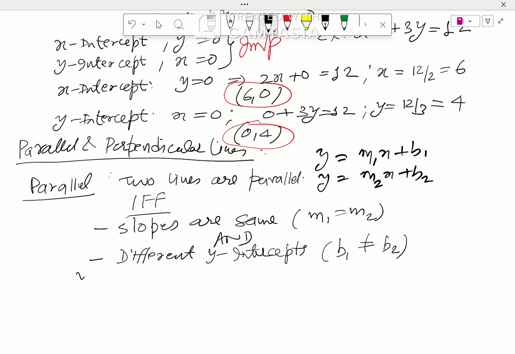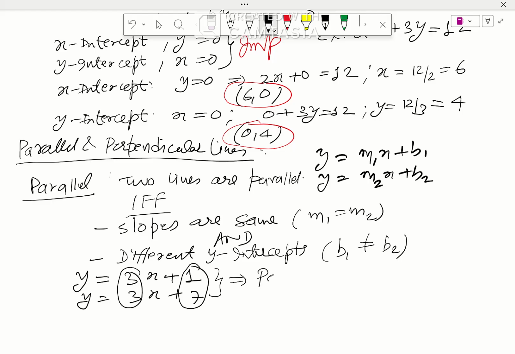Example, let's say y = 3x + 1 and y = 3x + 7. Slopes are same, intercepts are different, means what? They are parallel. Okay.